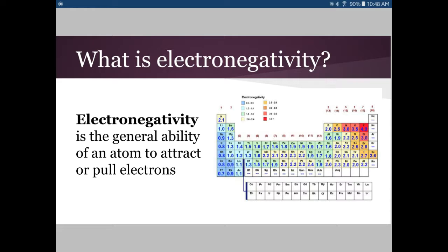And we see a few general periodic trends. So we notice with our periodic table, our electronegativity increases as we go up the periodic table and as we move right on the periodic table. So we'll notice that our lowest electronegativity is francium with a 0.7 electronegativity.